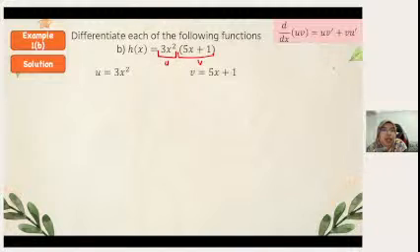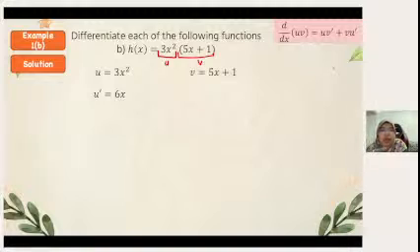Okay, so differentiating 3x squared, of course, you should bring the power down first. So 3 will be multiplied with 2. And then don't forget, you have to deduct 1 from the power of x. So they will become x to the power of 1. So 3 times 2, 6x. So u prime is equal to 6x.